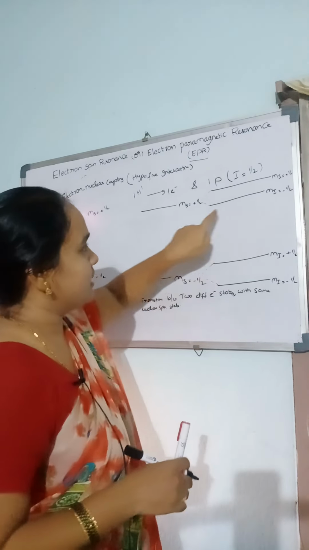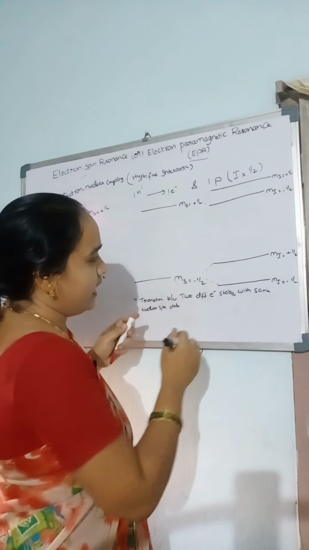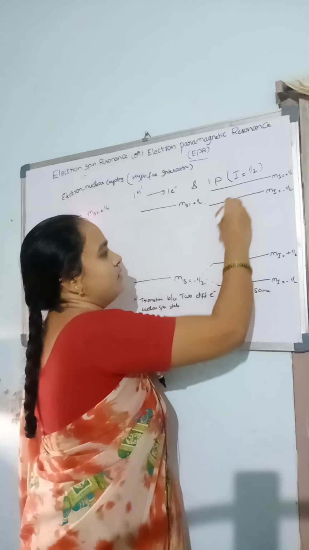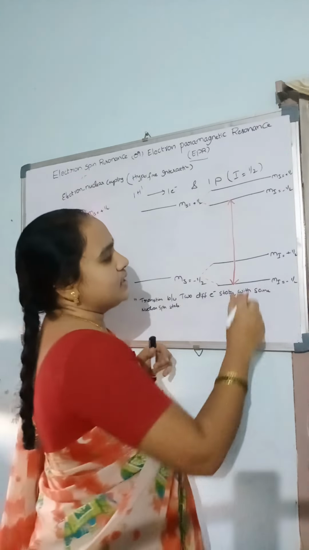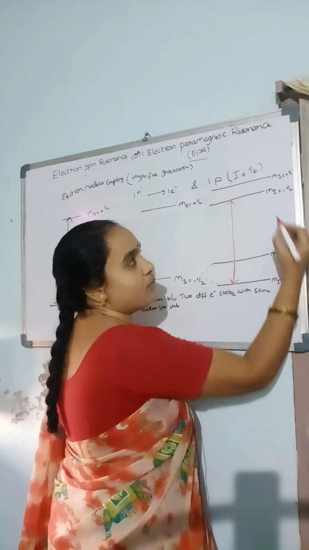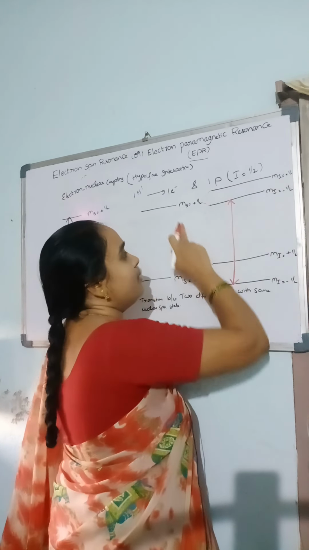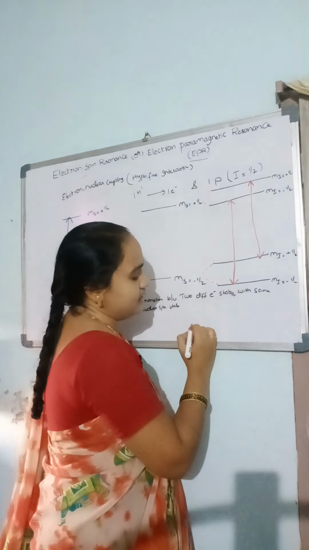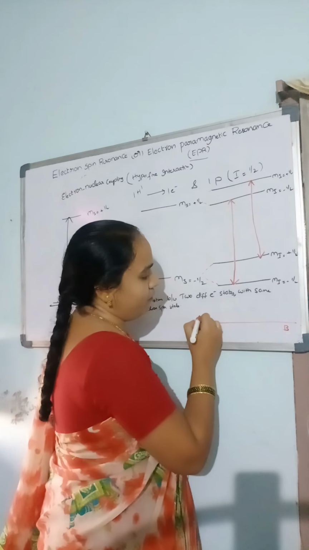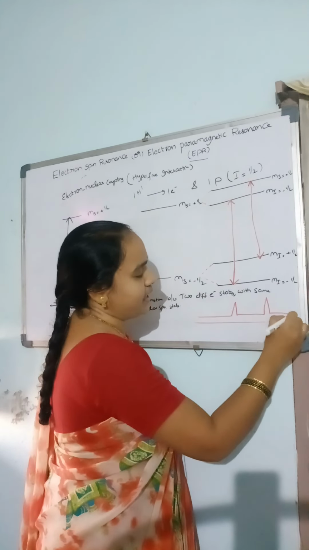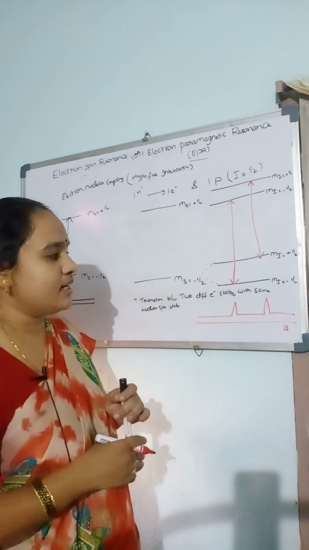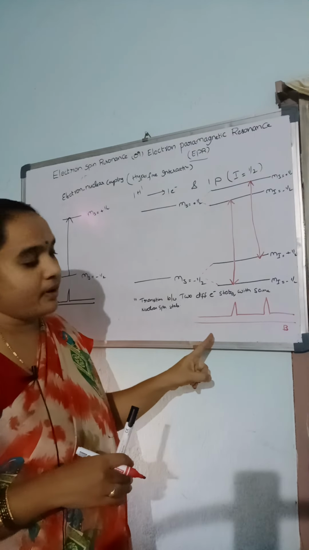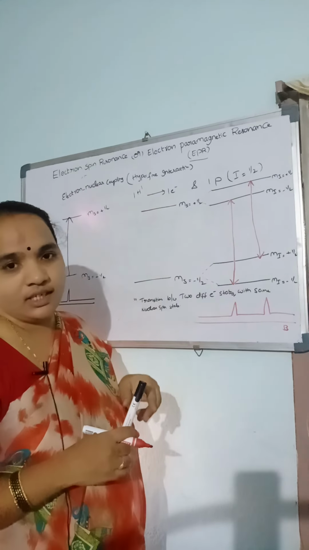Same nuclear spin states but different electron states. Hence, here we can draw one transition from this level to this level. Similarly, for this state mI equal to plus half, here it is also mI equal to plus half, but different Ms values. So, in the spectrum, we get two spikes separated by a constant distance. Instead of one spike, we are getting two spikes for the hydrogen atom.